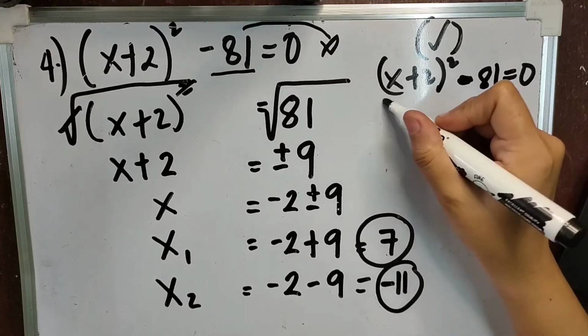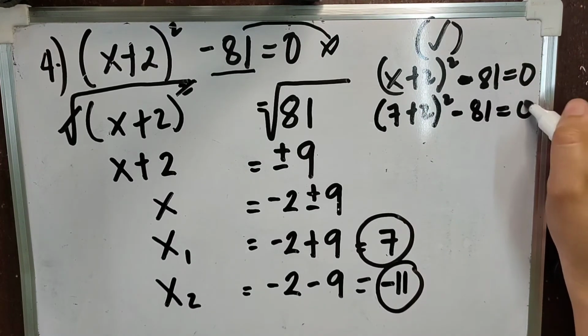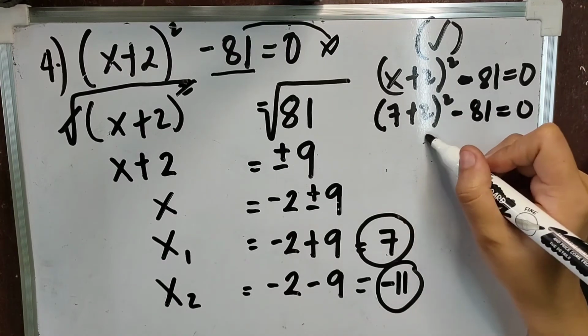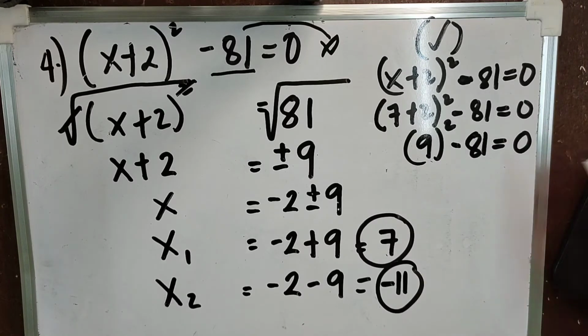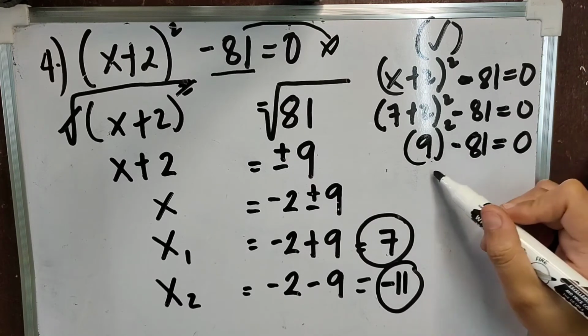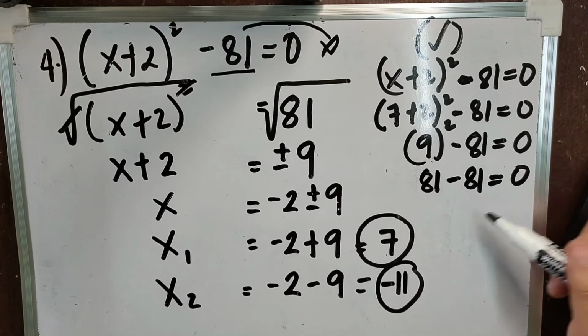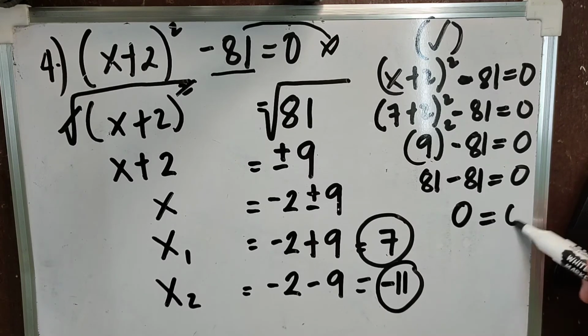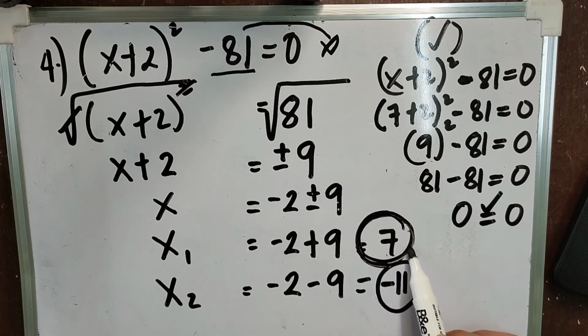So, we have 7 plus 2 squared minus 81 equals 0. 7 plus 2 is 9 squared minus 81 equals 0. 9 squared or 9 times 9 is 81 minus 81 equals 0. Since the answer here is 0 equals 0, the root 7 is correct. And then, try it on your own, checking using the negative 11 value. Okay?